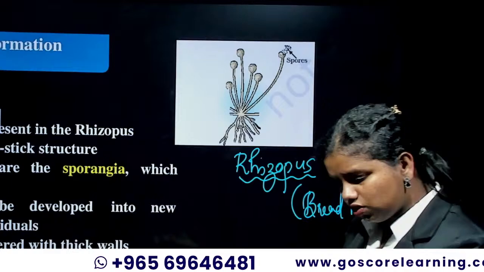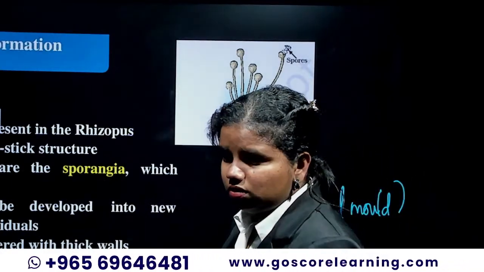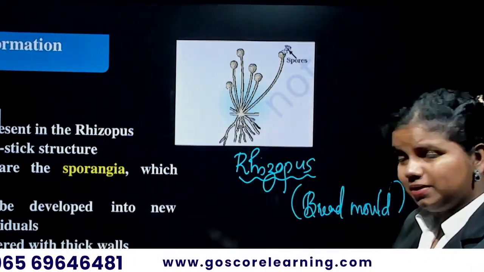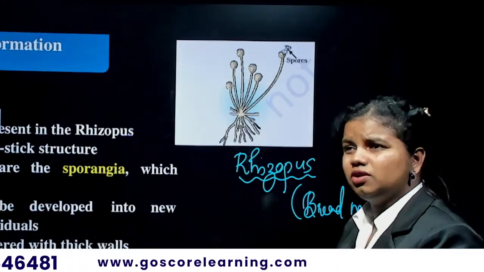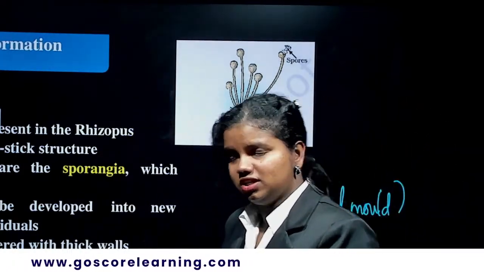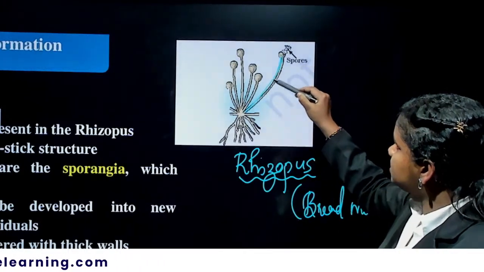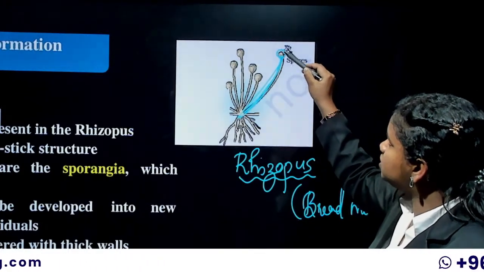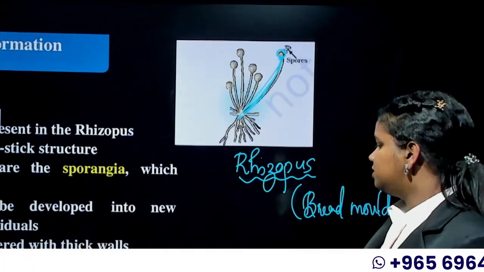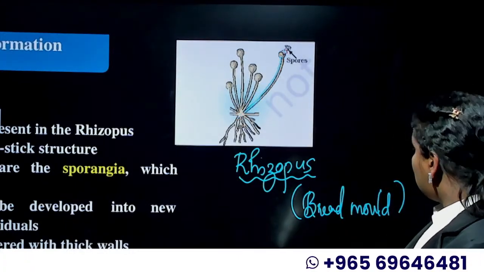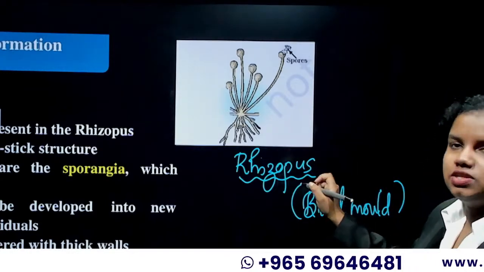It's a fungus that grows on an expired bread piece or a cake if you keep it open or if you keep it in a moist condition, right? So this fungus looks like this. It has a long stalk on which bulb-like structures can be seen.